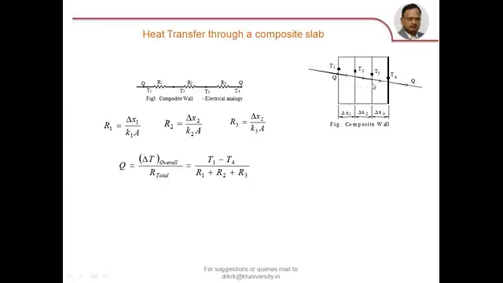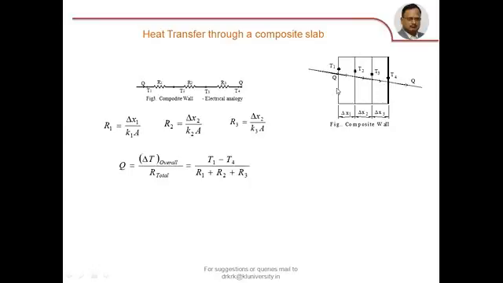It overcomes the resistance and comes out of this and enters into the third material. Like that, if you carefully observe, three different materials having different thickness offer different resistances for heat flow through them.